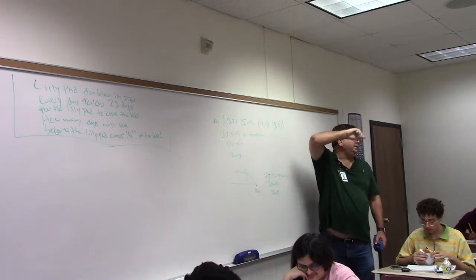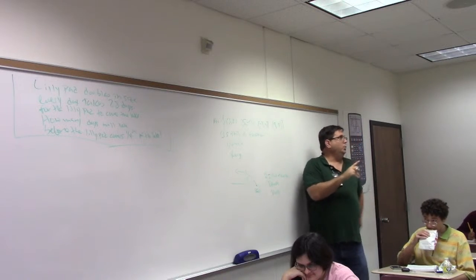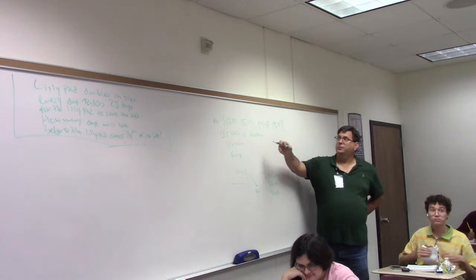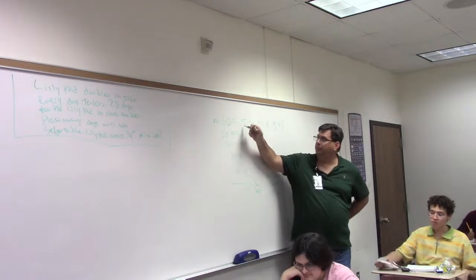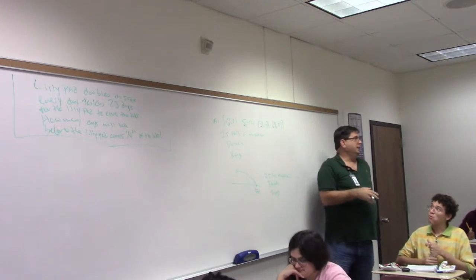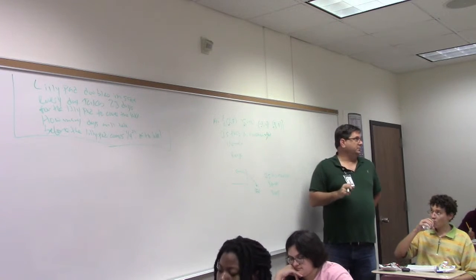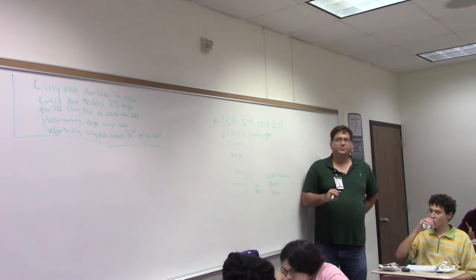Alright. Thomas, we ready? Here we go. Is this a function? When you look at this, how do you know if it's a function? We're looking at this number, this number, this number, this number. Do they repeat? If they don't repeat, yes, it's a function. All right?